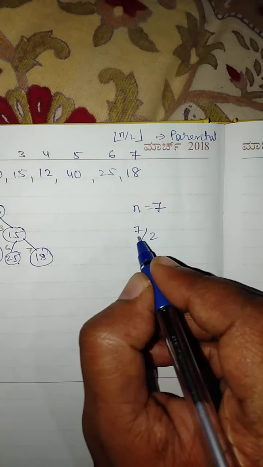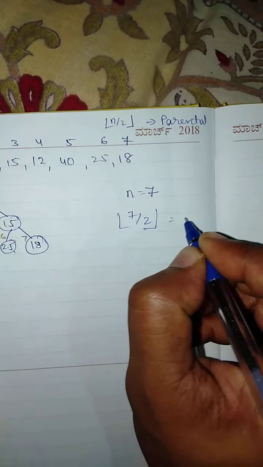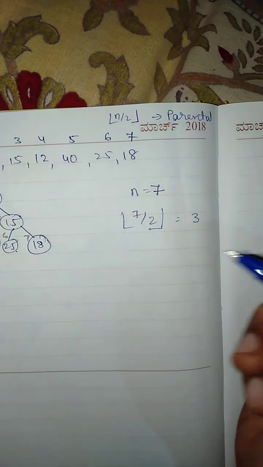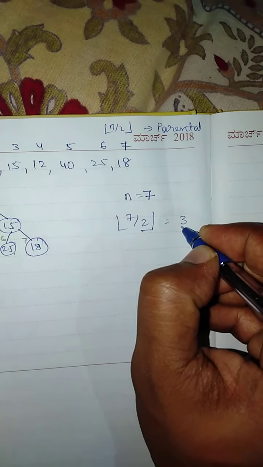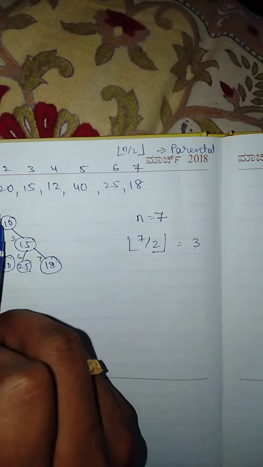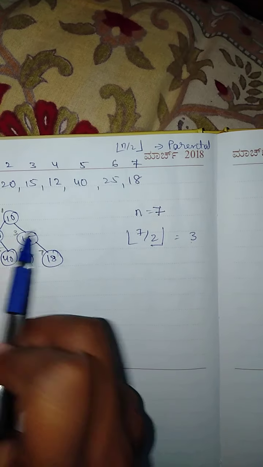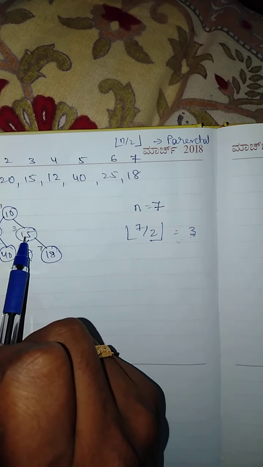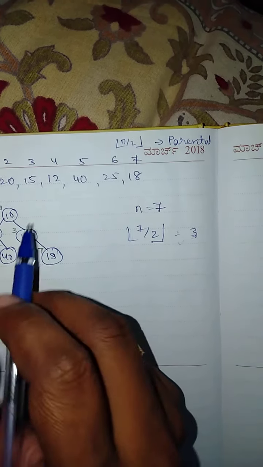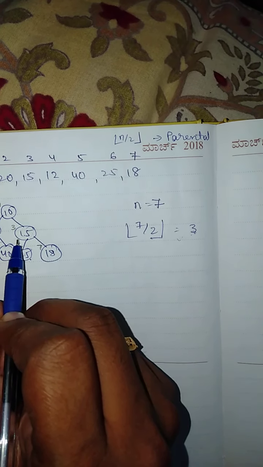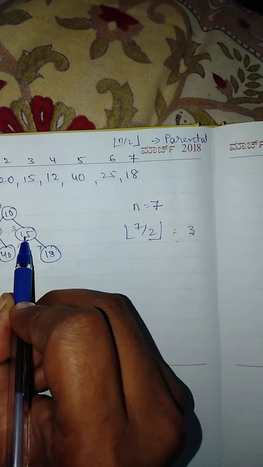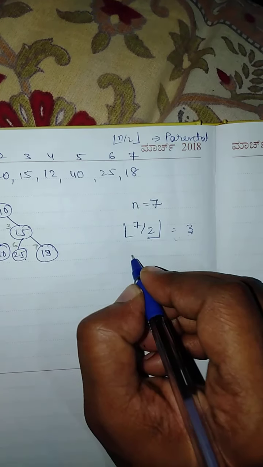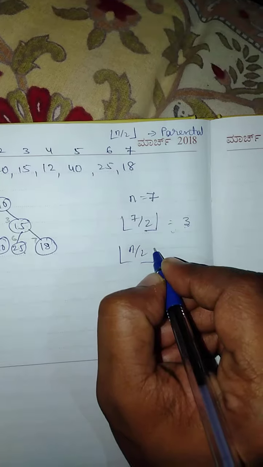So 7 by 2, floor value, it is 3.5, I mean 3. So till the index 3, we have all the nodes as parents. So we have the indices 1, 2 up to this index as the parent nodes, isn't it? Therefore, if at all we have to start the construction of heap, it has to be from this parent node, which is available from this n by 2 floor function, isn't it?